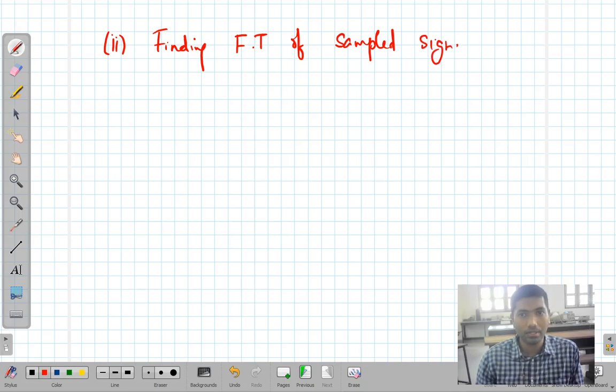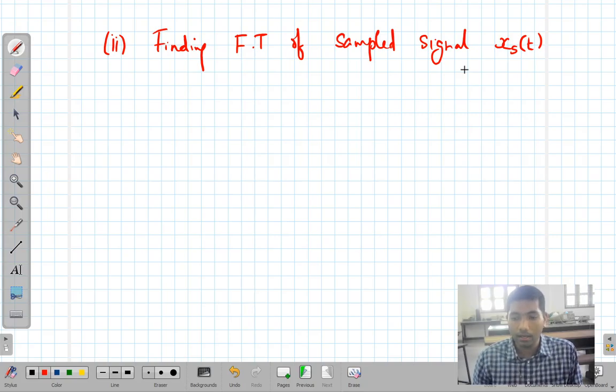We will use these two concepts to prove the sampling theorem. So, finding the Fourier transform of the sampled signal, where the sampled signal is denoted by x s of t.